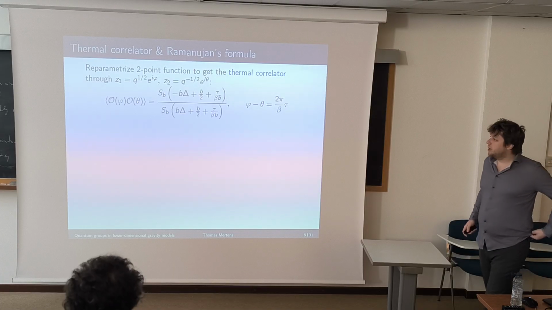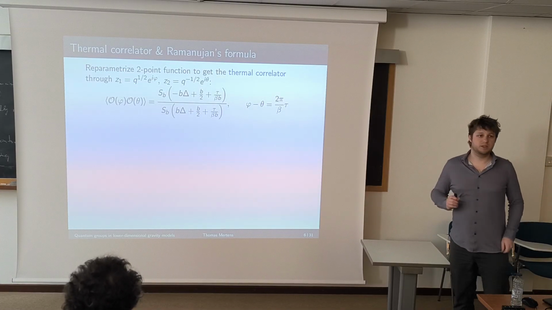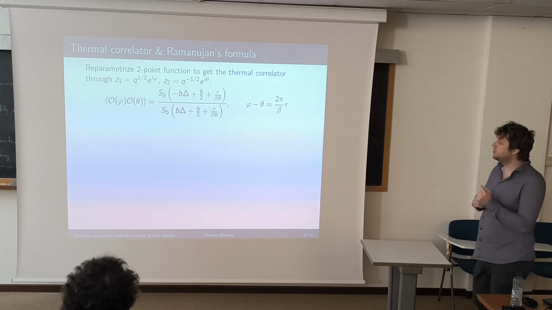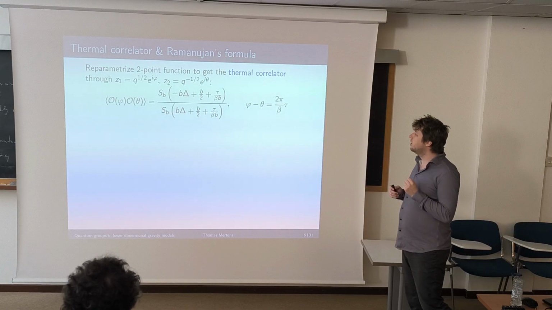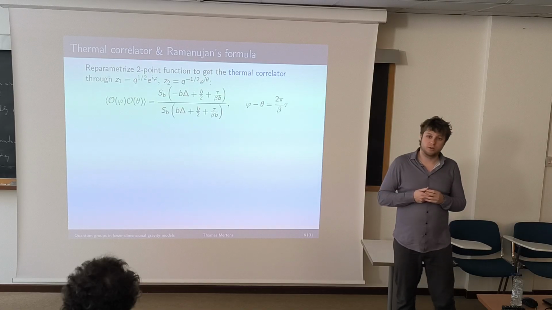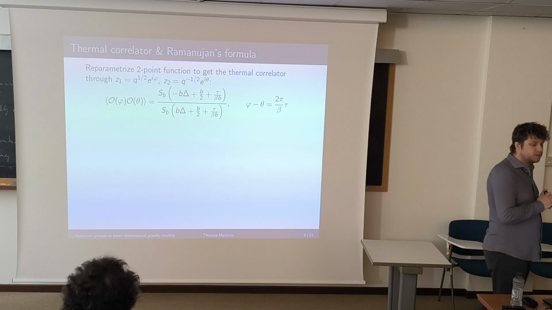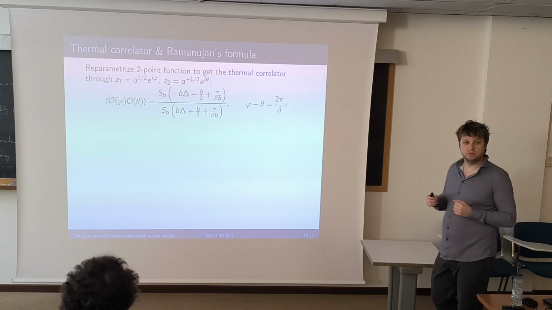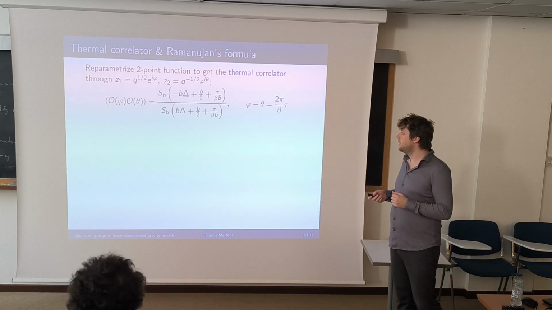Now, I will rewrite my answer briefly here to make it more suggestive. The first thing I will do is reparameterize my two-point function to get the thermal correlator. What I've shown you earlier was just the zero temperature correlator, just generalizing the 1 over Z1 minus Z2 to 2 delta from CFT.